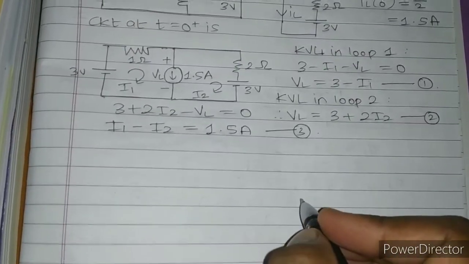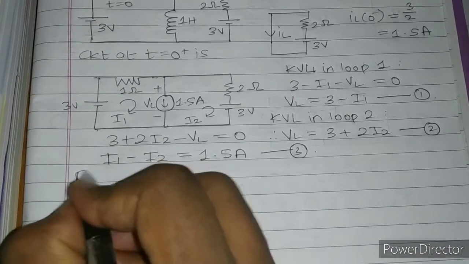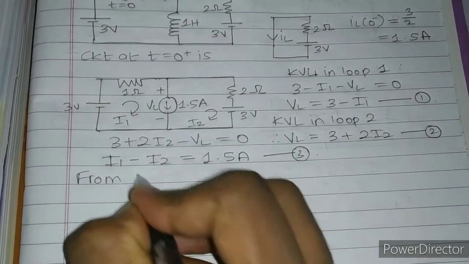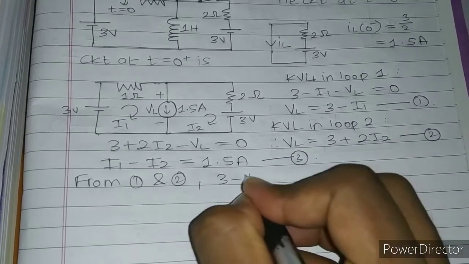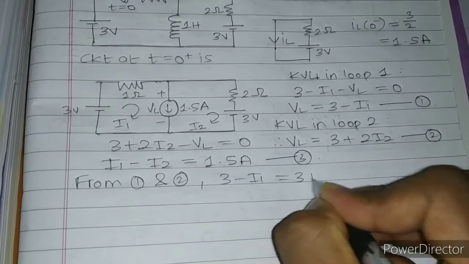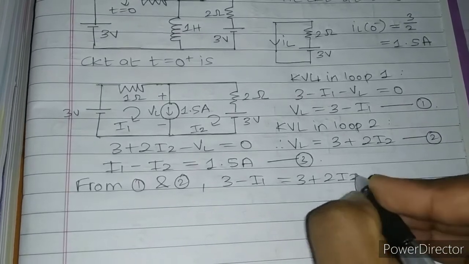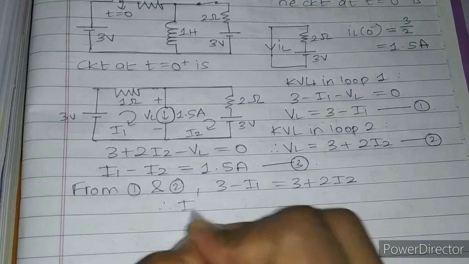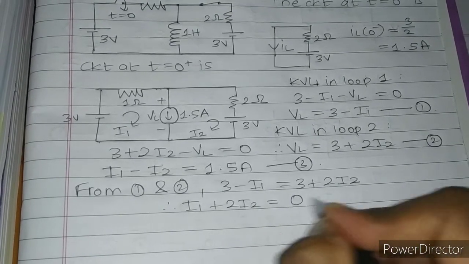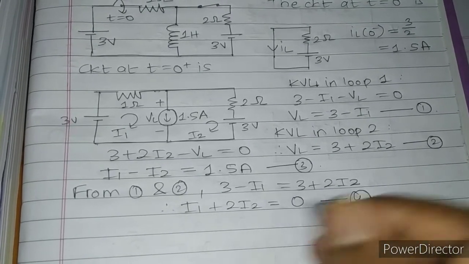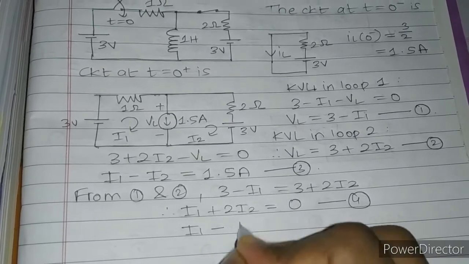Now from equation 1 and 2 we can write that 3 minus I1 is equal to 3 plus 2I2. Therefore I1 plus 2I2 is equal to 0. Let this be equation number 4. Now I1 minus I2 is 1.5 ampere.